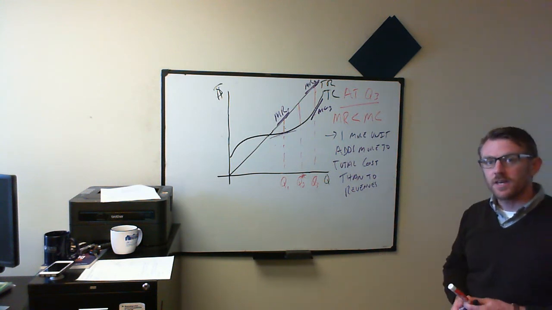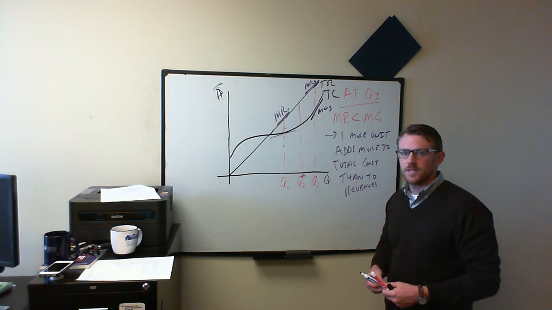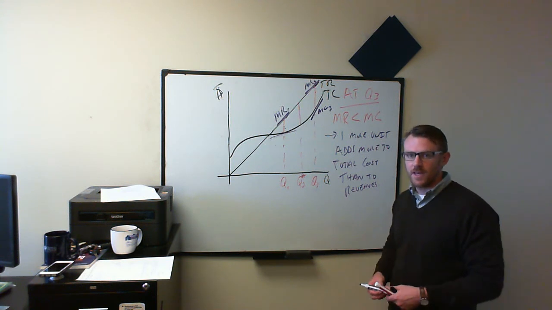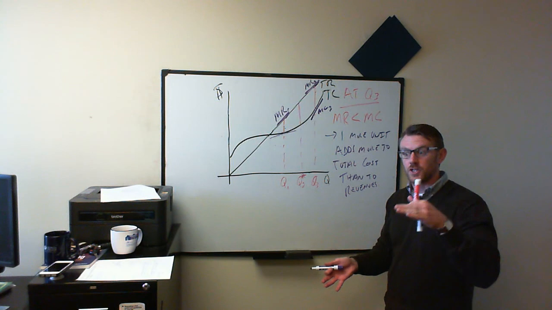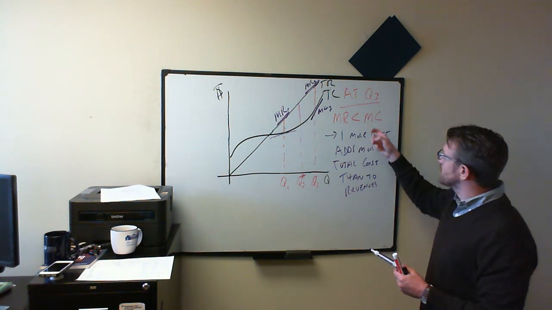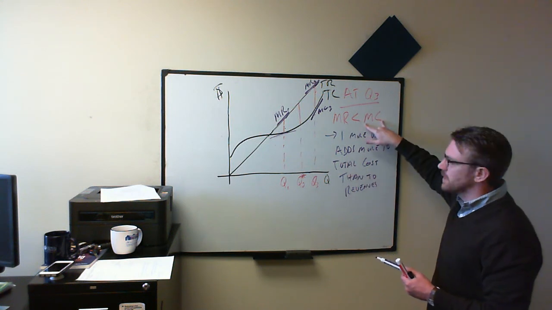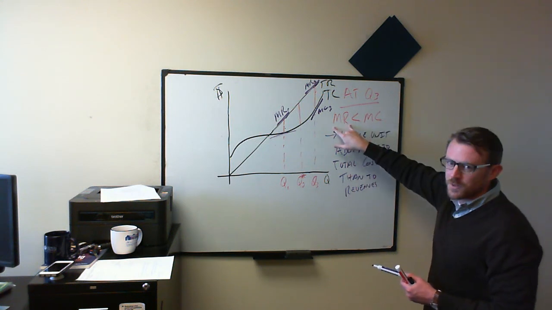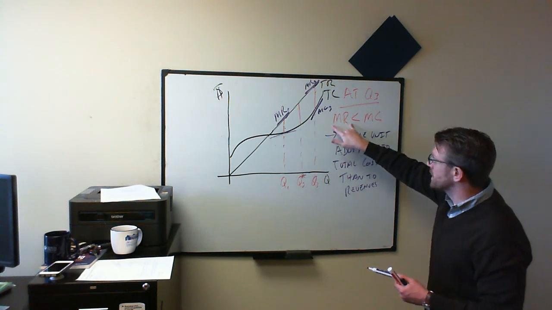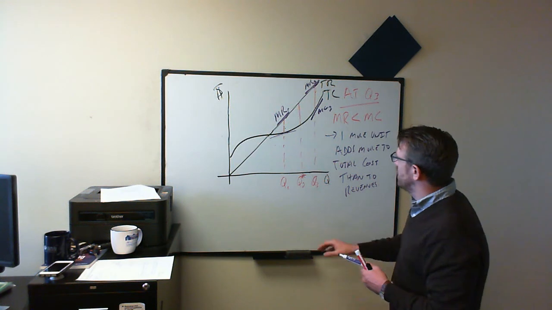This is like you selling an additional unit of lemonade for 40 cents when it costs you 50 cents to make it. Your total profits are going to begin shrinking if you're going to take on those losses per unit. So the firm's not going to choose Q3. In fact, they're going to move the other direction. Let's reduce costs, and even though we're reducing revenues by producing less, we're going to lose less revenues than we are costs, and our profits are going to be higher.